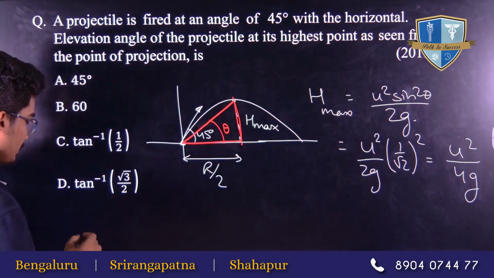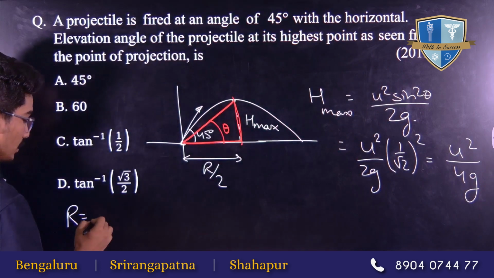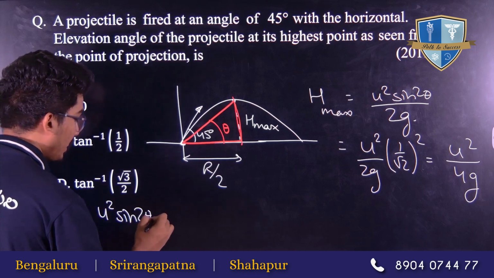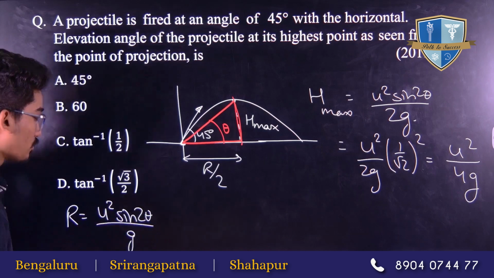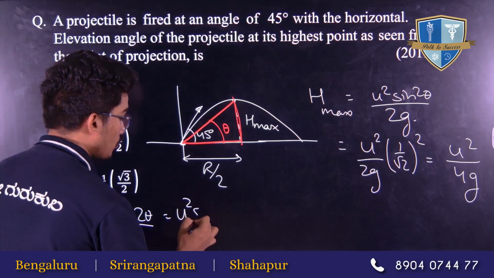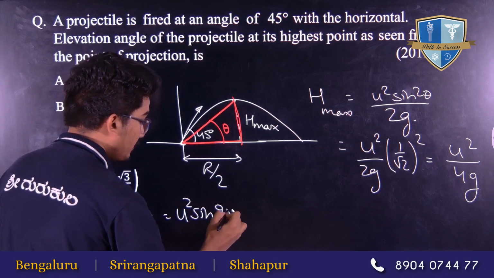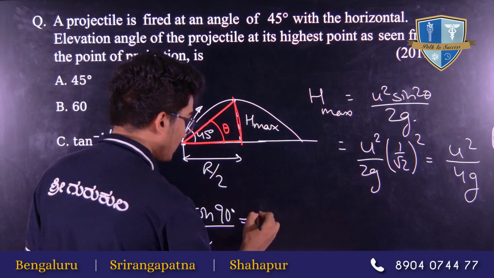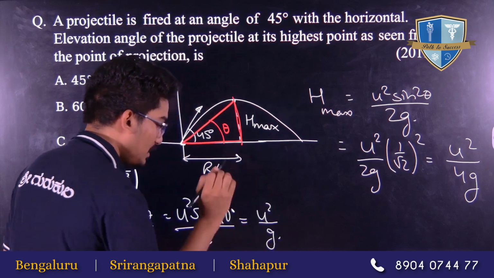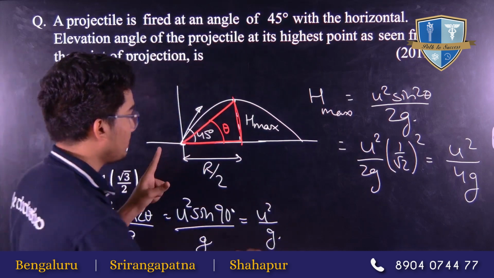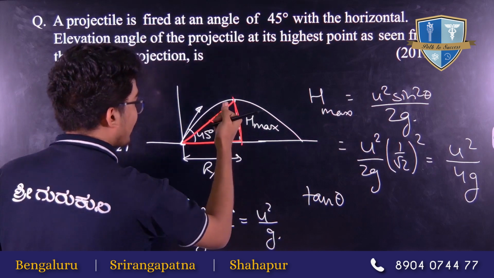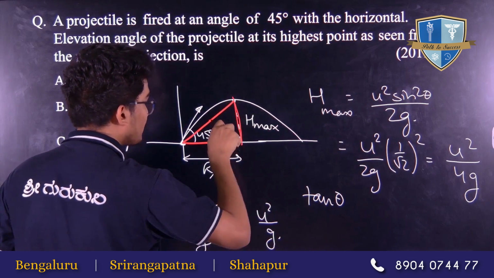Now we need the range. The formula for range, if you know, is u square sin 2 theta by g, and theta is equal to 45. So this will become u square sin 90 degrees by g, and sin 90 is 1. So this will become simply u square by g. Now tan theta. See this theta, let's suppose this angle is not theta, let's make it alpha.